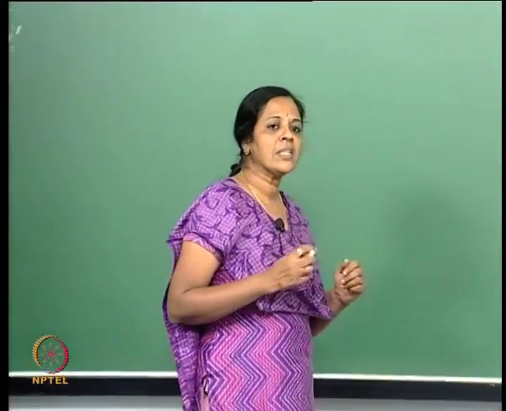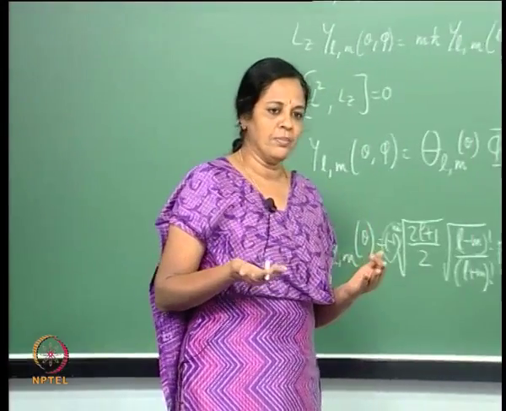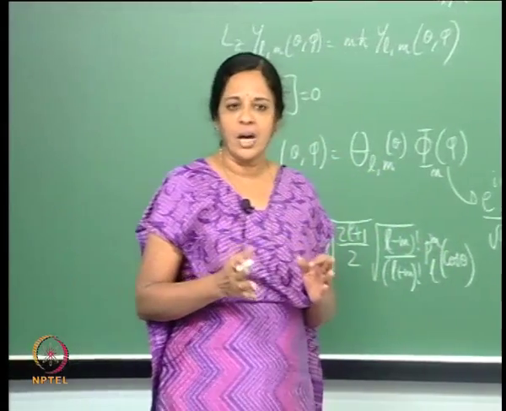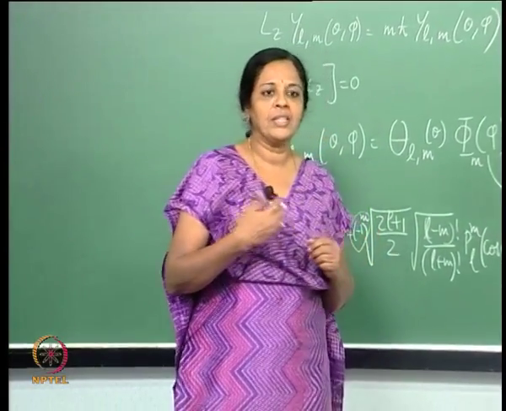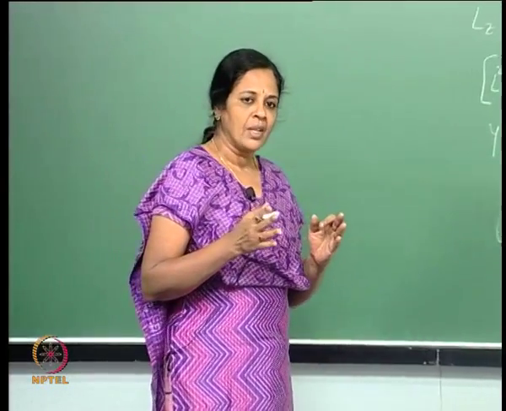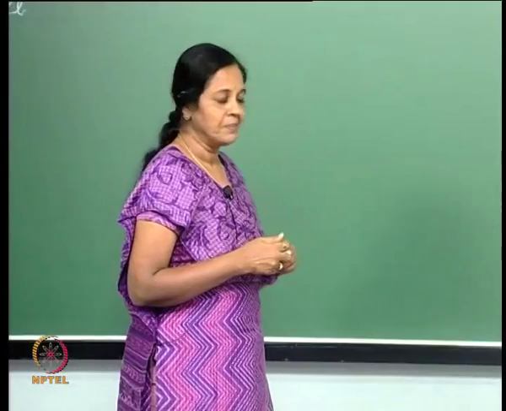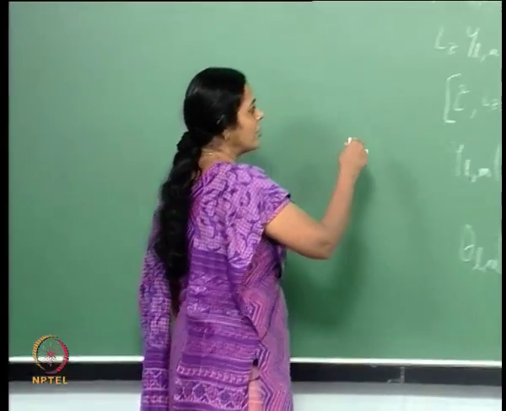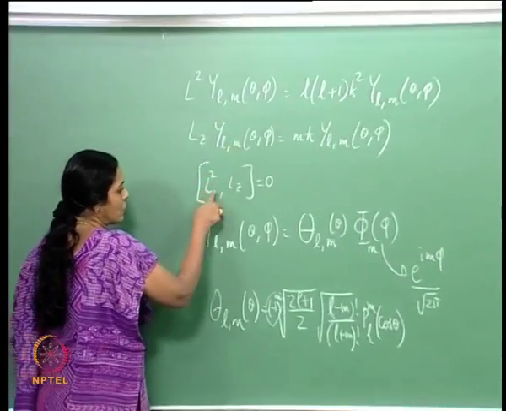So what we have really seen is this, that in a problem where the potential is a central potential, it is merely a function of r and not a function of theta and phi, you could work in spherical polar coordinates and separate variables, get the angular wave function, which is really a common eigenfunction of L squared and Lz.